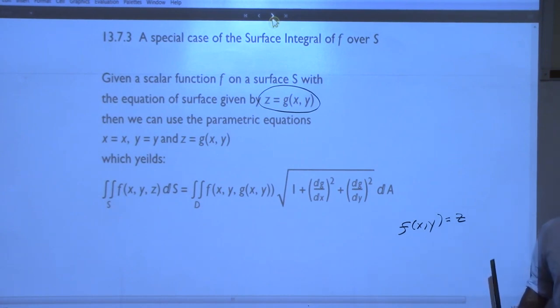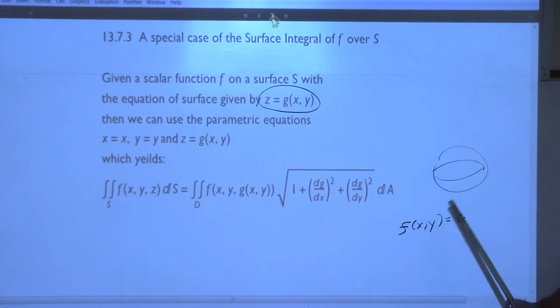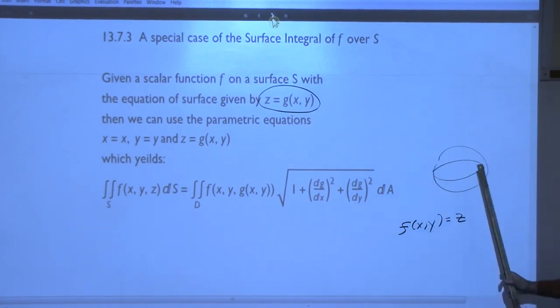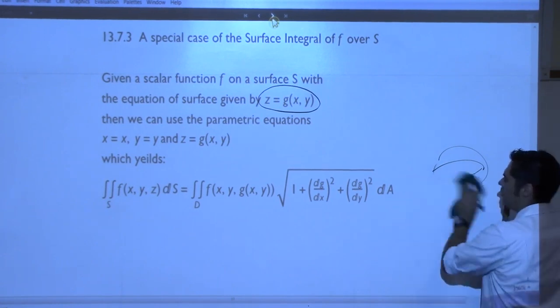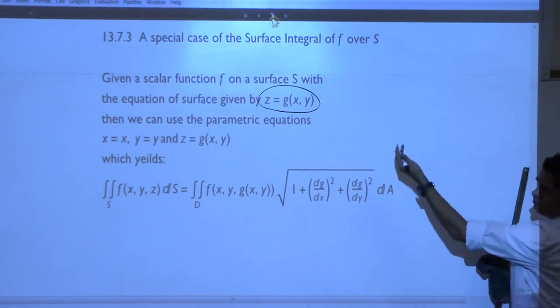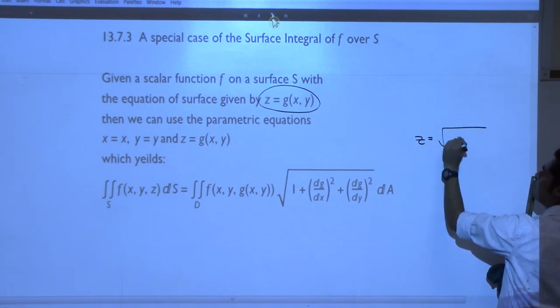Now, the sphere we just did could not be done using this special case because you cannot write the equation of a sphere as a function of just two variables. You have to draw it with the vector function. So we couldn't. Understand? So one example of something we could use for this is, let's say we wanted to do just part of that cone.